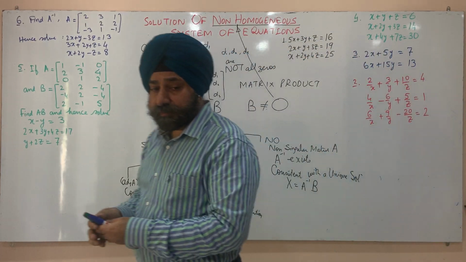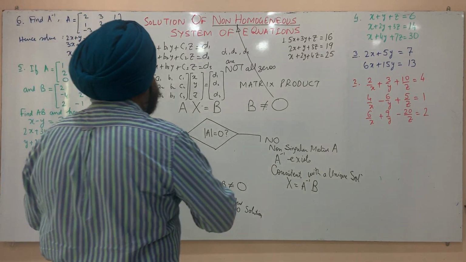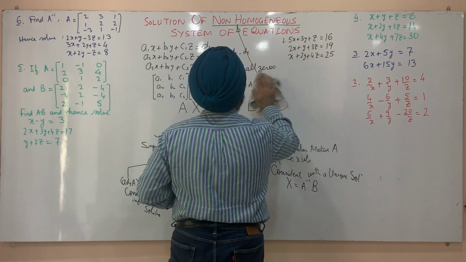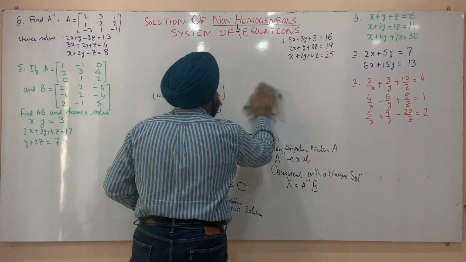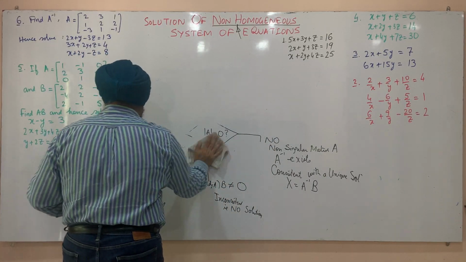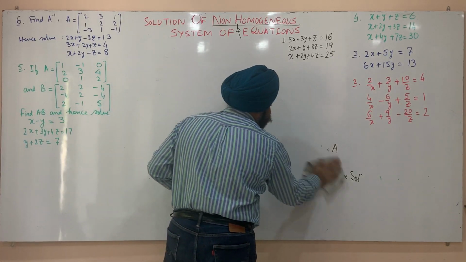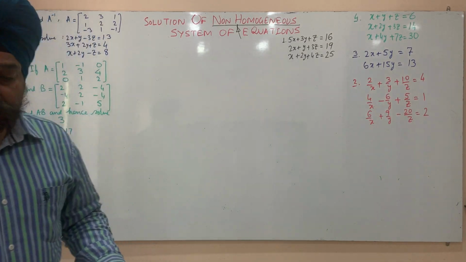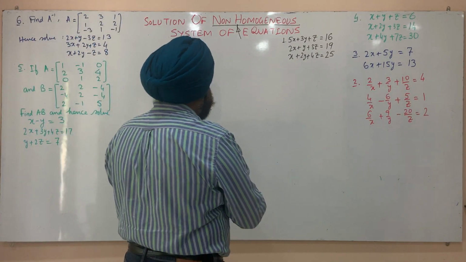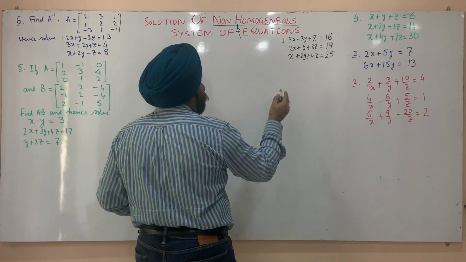This is the first one. We are given three equations in three unknowns x, y and z. The first step is we write this as a product of two matrices.